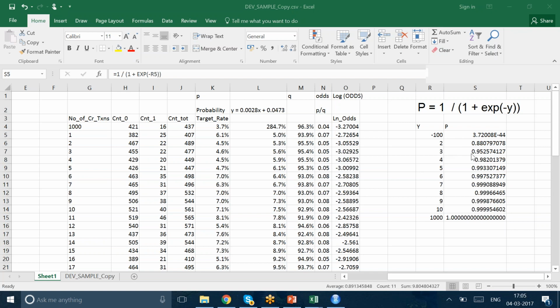Shailesh, are you there? Shailesh, did you get it? Because you are coming across logistic regression for the first time. Are you able to get the concept? You can unmute yourself, Shailesh. Okay.